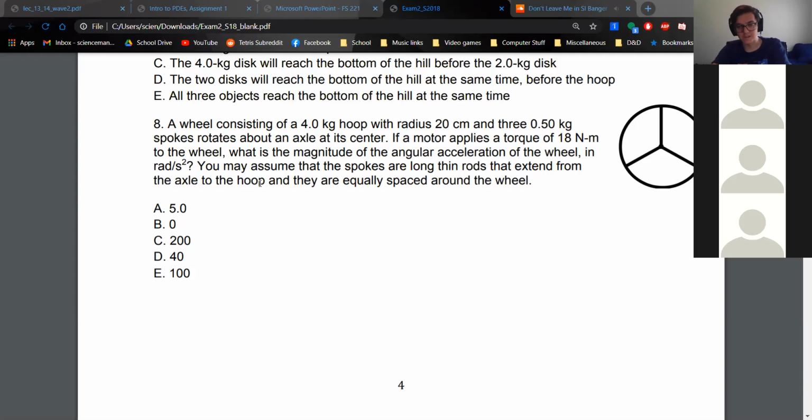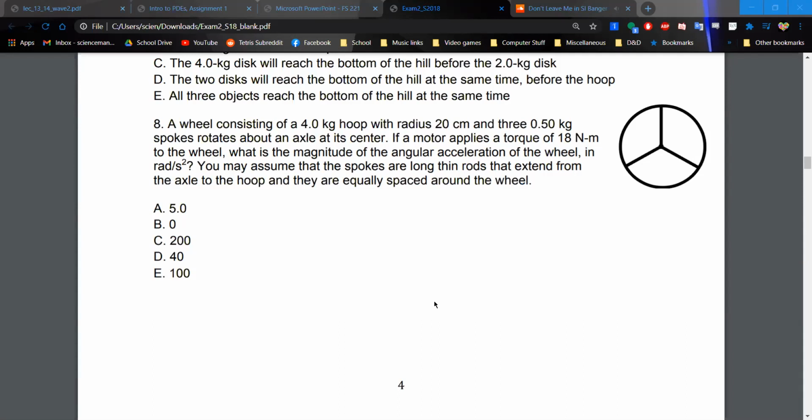Give you guys like 1 or 2 more minutes, and then we'll go over it. Is anyone stuck on this one? Doesn't know where to start.